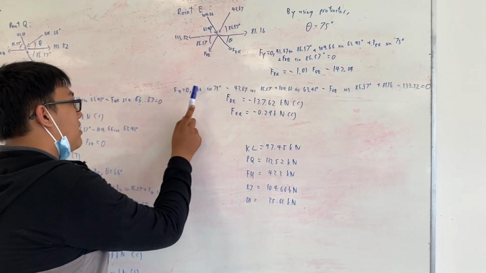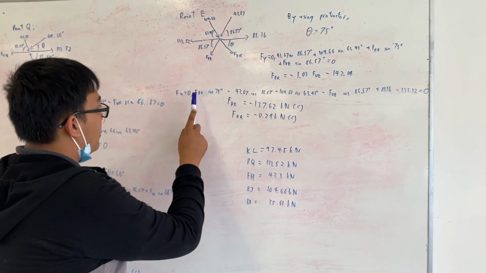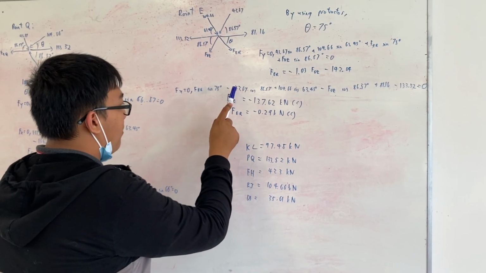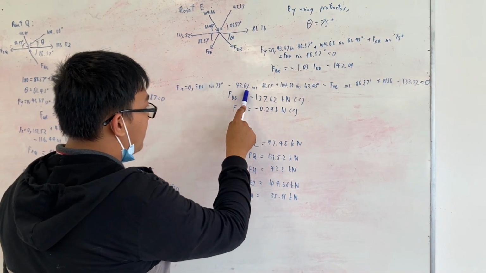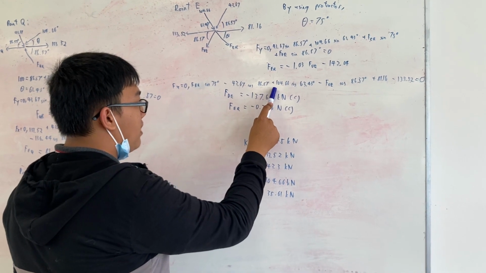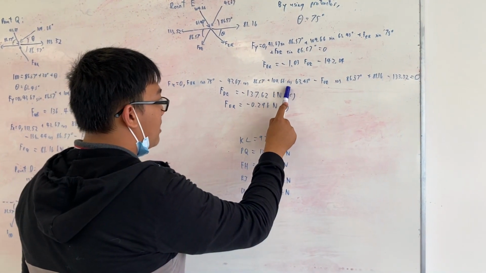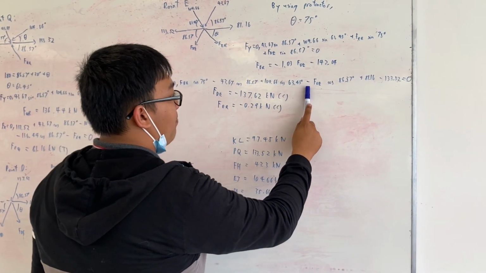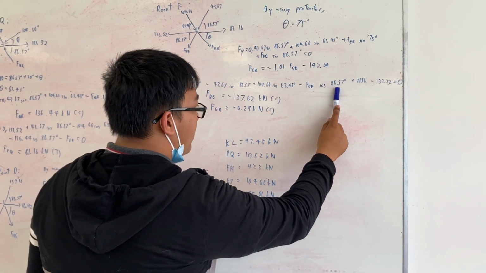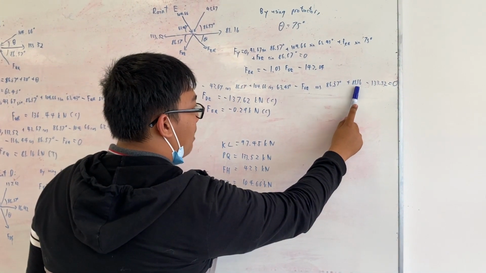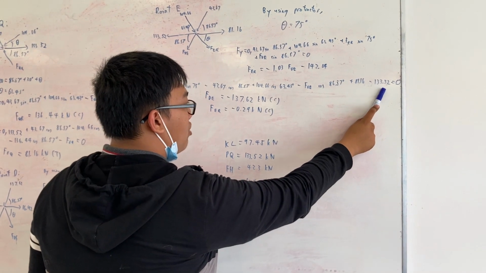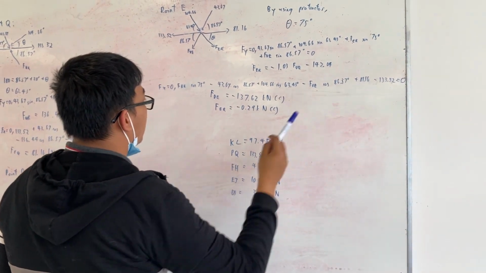And then we can use that in the Fx equation, which is FER cos 75 minus 43.67 cos 86.57 plus 104.66 cos 63.43 minus FDE cos 86.57 plus 81.16 minus 133.52 is equal to 0.